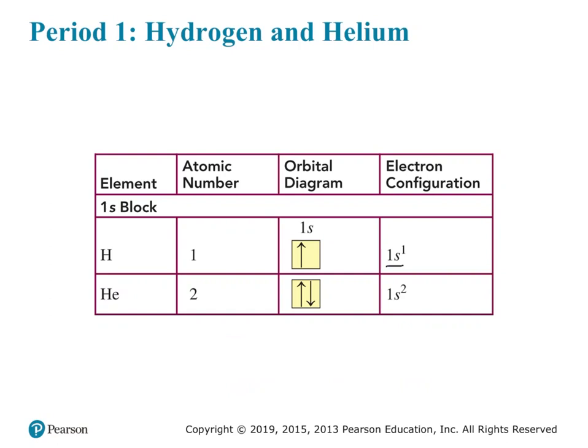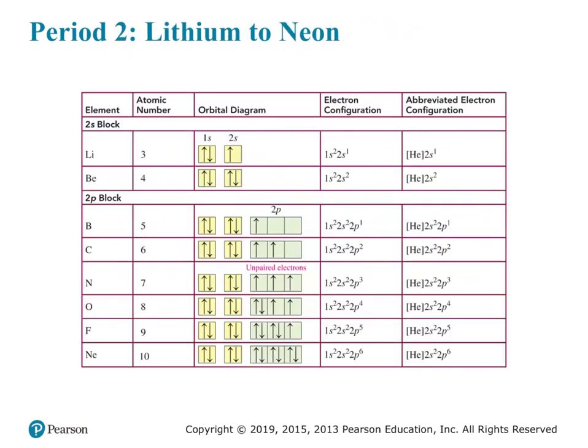Helium has the atomic number 2, so it has 2 electrons, and we're going to place both of those electrons in the 1s orbital because it's the lowest energy orbital. So then we have the electron configuration 1s2. Now let's go to period 2 or row 2.